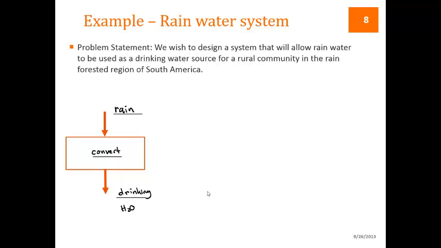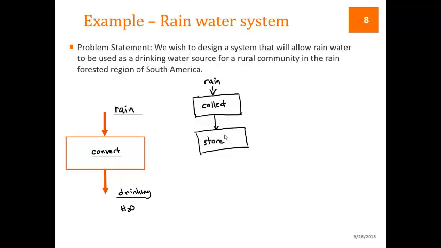Now let's start zooming in, right? So what do we need to do in order for rain to be converted to drinking water? So we're still going to start with rain, and it's going to go in, and first we need to do, I don't know, so there's no one right answer here, right? But maybe we need to collect it somehow. So we're going to collect the rainwater. And then, so we've collected the rainwater, and then we want to maybe store it.